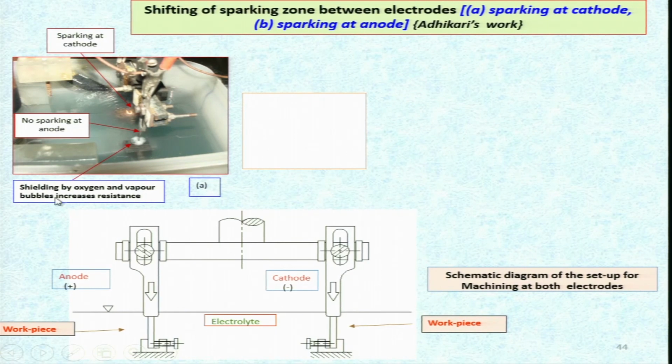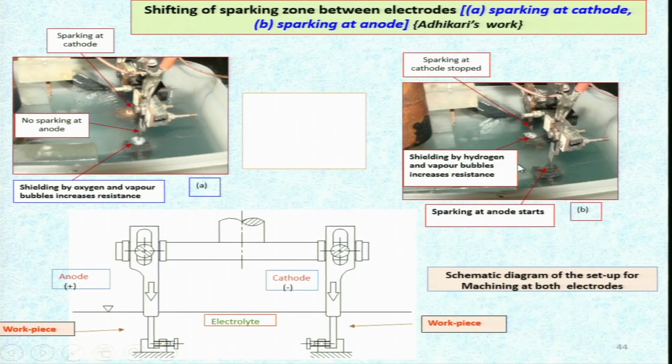Shielding by oxygen and vapor bubbles increases resistance over here, and at a certain point this gas acts as a dielectric and breaks down. Now, you can see here shielding by hydrogen and vapor bubbles increases resistance, and sparking at the cathode is stopped. Here sparking at the cathode is taking place, here sparking at the anode is taking place.